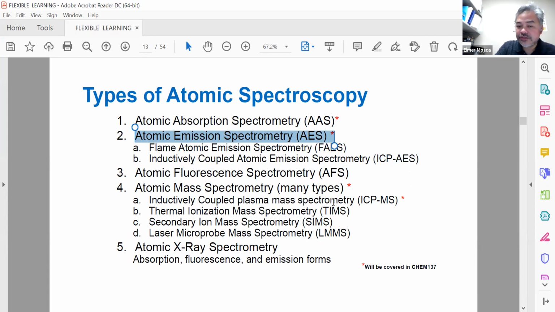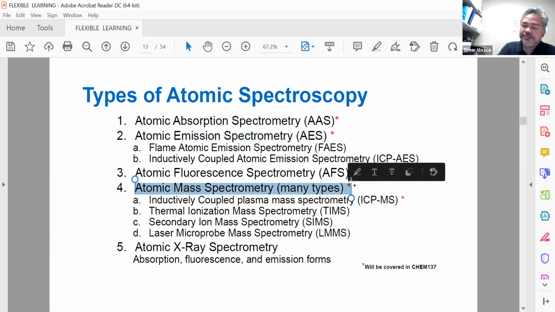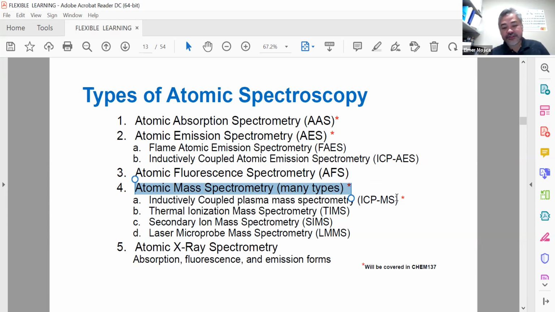We also have atomic fluorescence spectrometry, which is not going to be covered in this course. And then we have atomic mass spectrometry, which is of many types, but we're just going to cover the ICP, the inductively coupled plasma mass spectrometer.